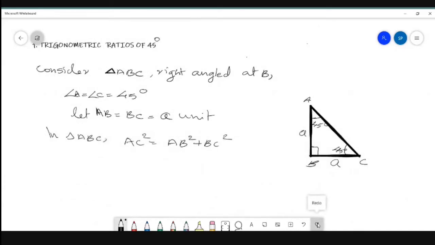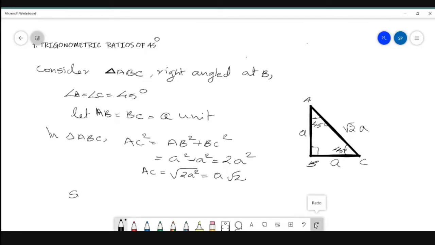So A square plus A square is equal to 2A square. So AC equal to root of 2A square. Root of 2 means root 2 and root of A square is A. So it is A root 2. Let us write now AC as root 2A or A root 2.